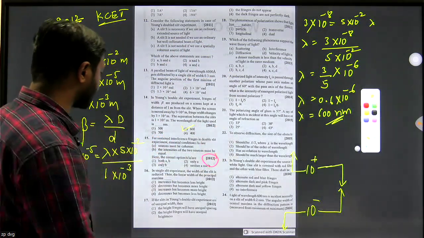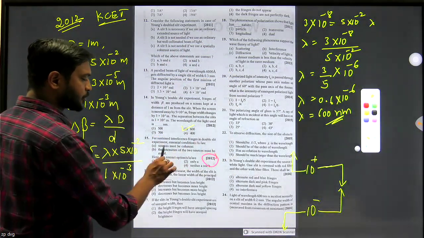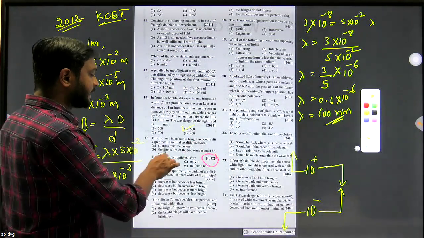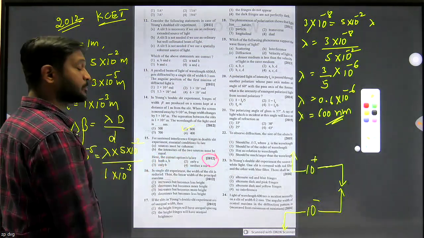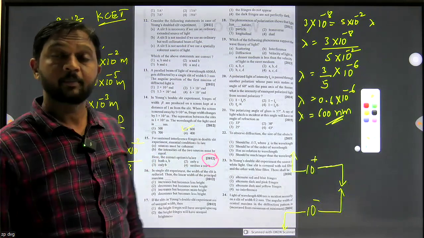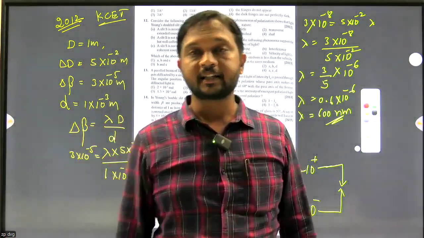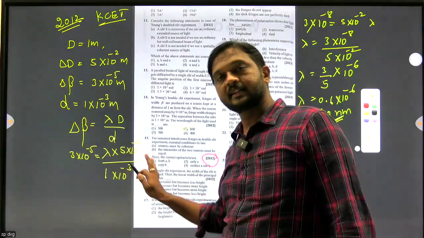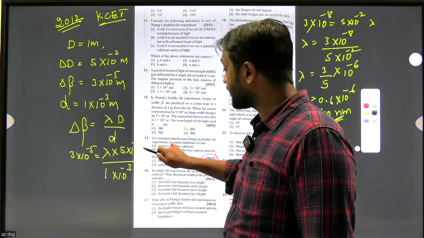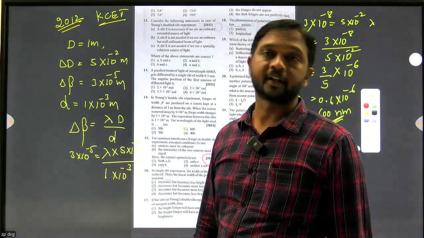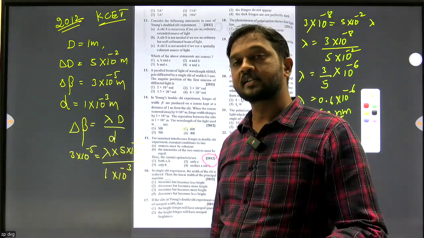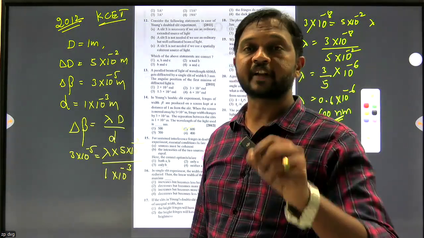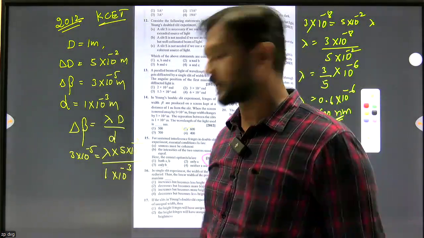Statement A, sources must be coherent. Statement B, the intensities of the two sources must be equal. Statement B is wrong. But statement A is correct: if the two sources are coherent, then we get a clear, sustained interference pattern.